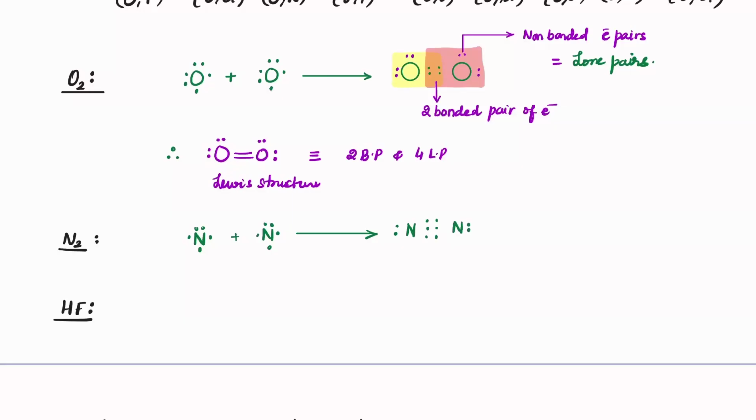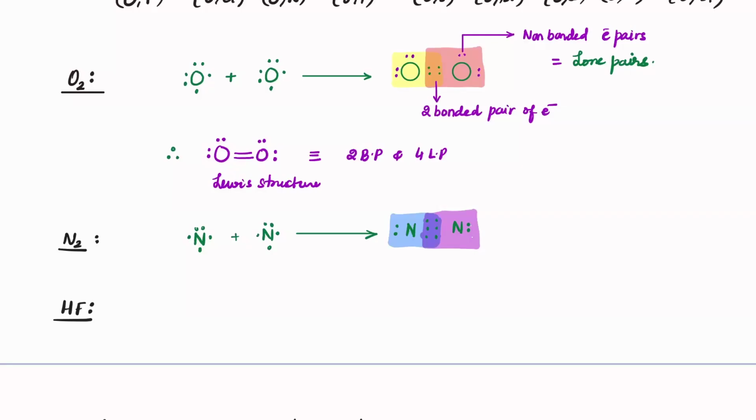This way, you notice this part here. This nitrogen would say, I have completed my octet, which is fair. And similarly, this nitrogen would say, I have also completed my octet. So you can clearly see that the region between them is shared.